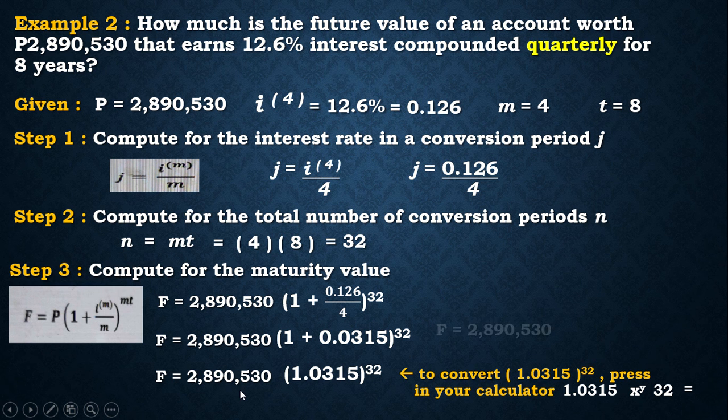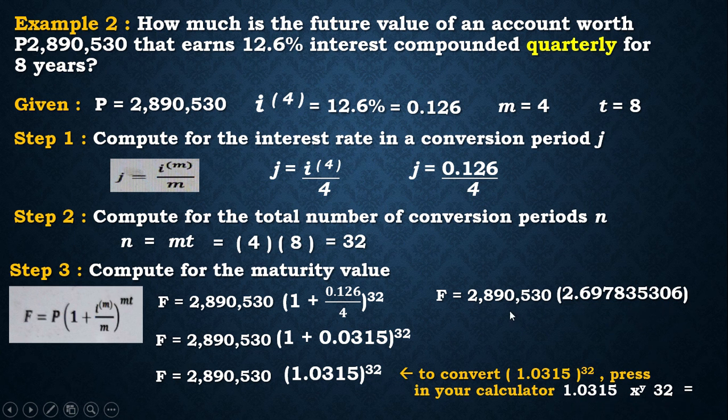So, una, kopyahin mo lang yung F is equal to 2,890,530. And then, pinindot mo itong mga to, ang lumabas ay 2.697,835,306. Ito po, kinonvert po natin ito. At ito po mga pinindot natin sa calculator. Ito po ang kinalabasan niya.